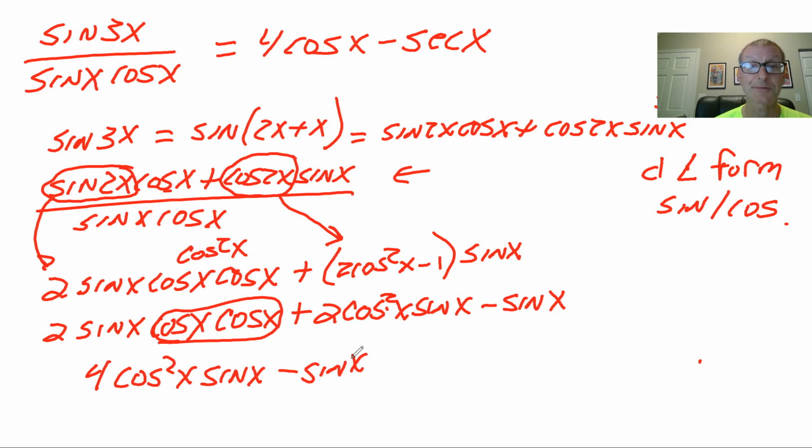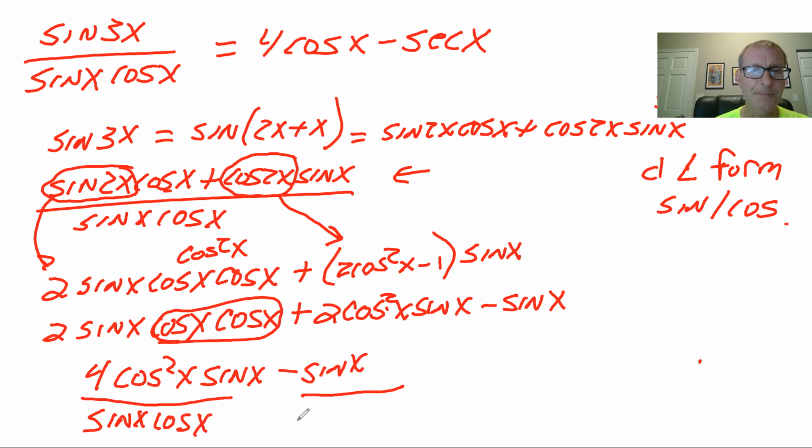So again, that's just on the top, right? But see what happens when we put our denominators back in. Sine of x, cosine of x over here, and then sine of x, cosine of x over here. So you see this cancels with this, cosine gets rid of 1. And so what's left on our first term? 4 cosine of x.